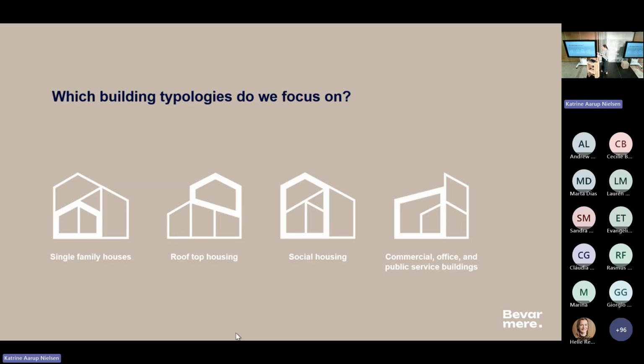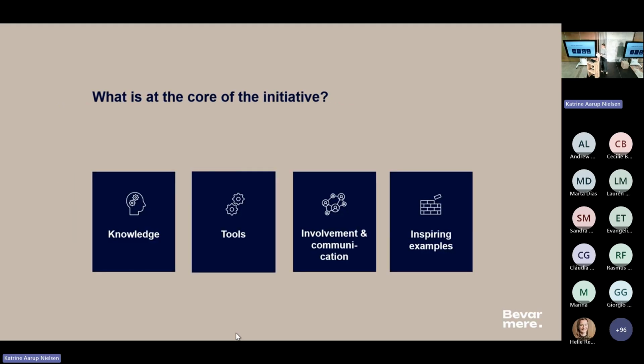And we work with different types of activities within this initiative to support further transformation of these 4 different typologies. So what we support are knowledge projects, research projects as such. We support the development of new tools, primarily focusing or targeting the professionals.